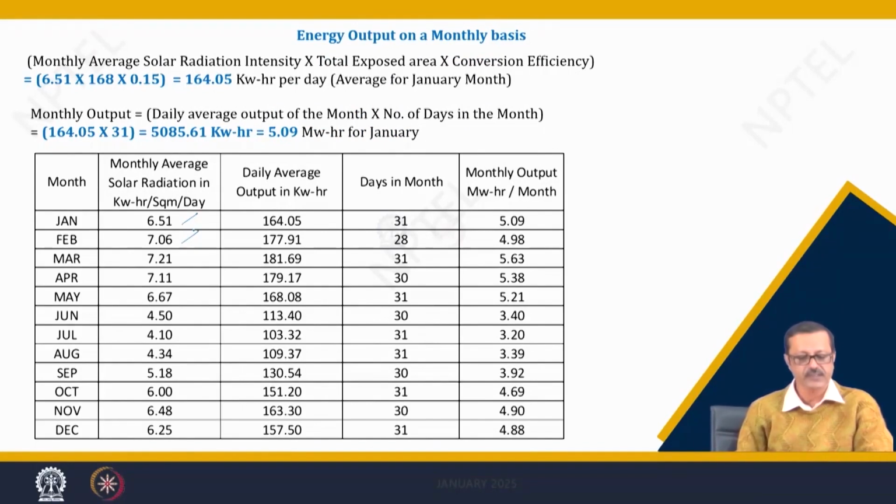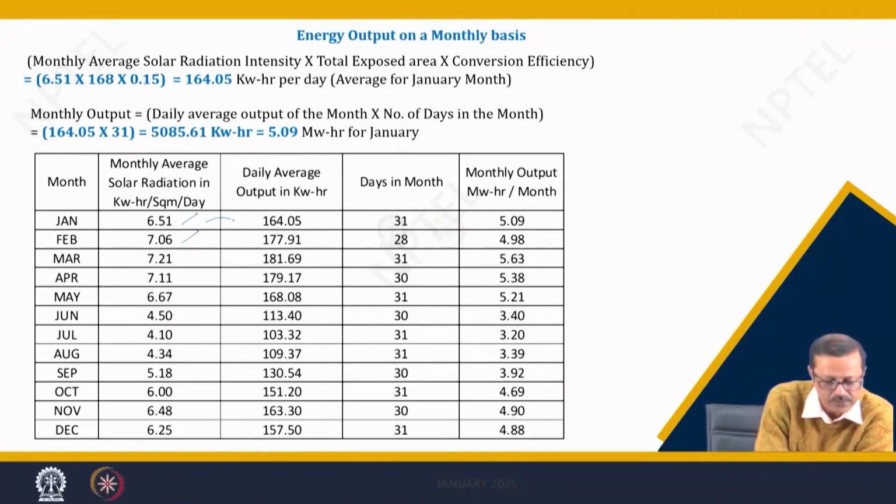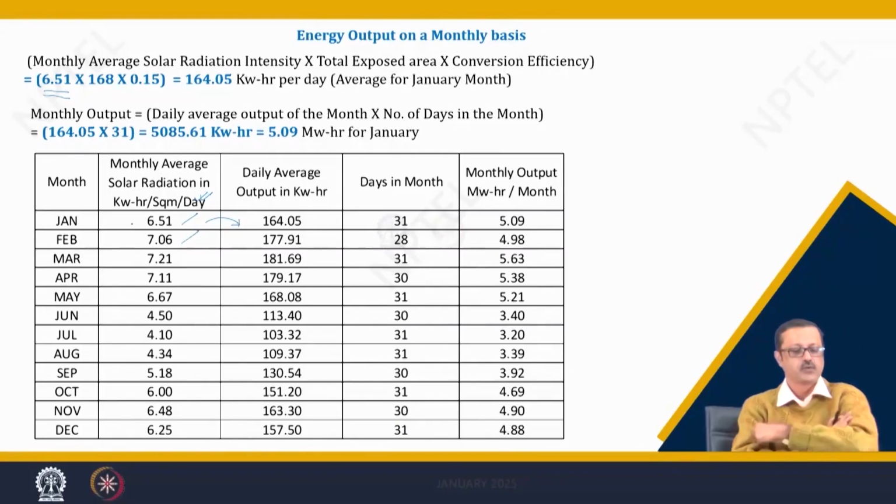Now, daily average output in watt will be the monthly average intensity multiplied by the total exposed area into the conversion efficiency. In the case of the first row, 6.51 is the January data per day. In January, 6.51 kilowatt hour per square meter per day can be generated.